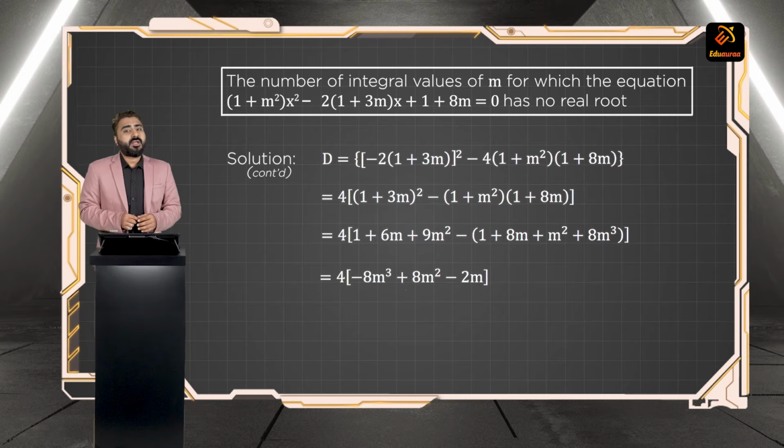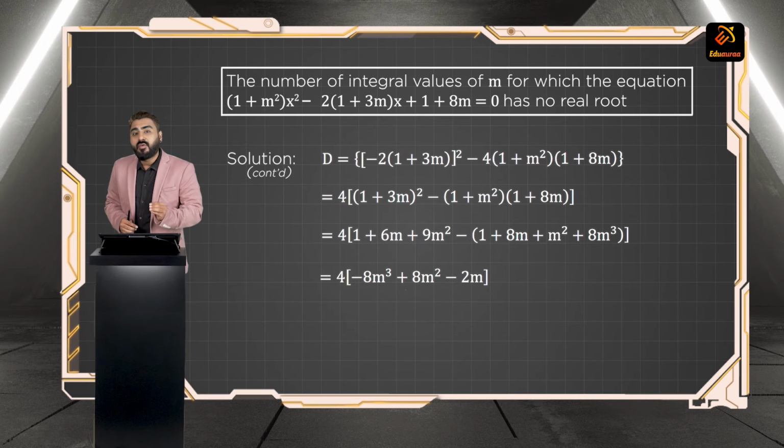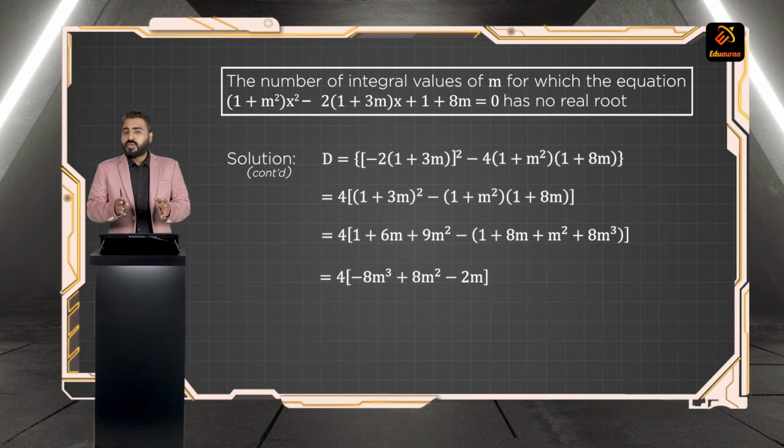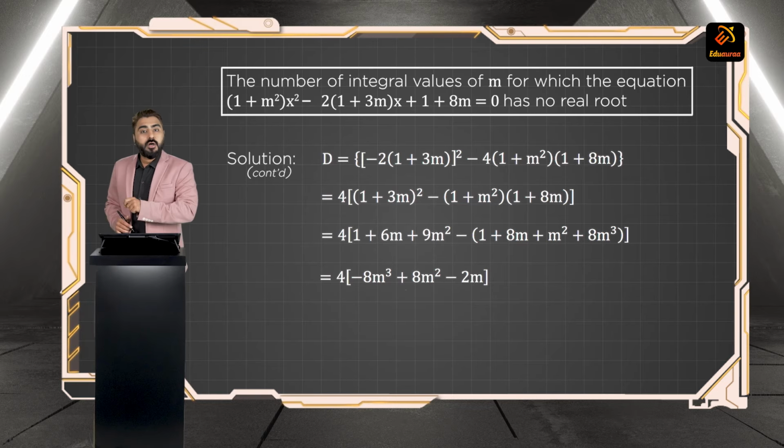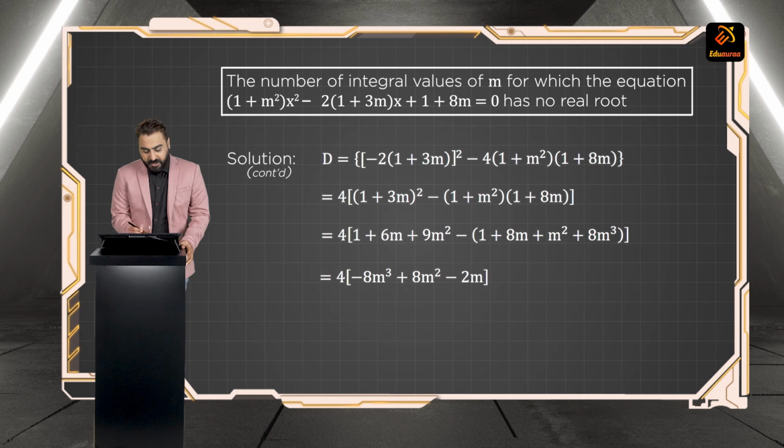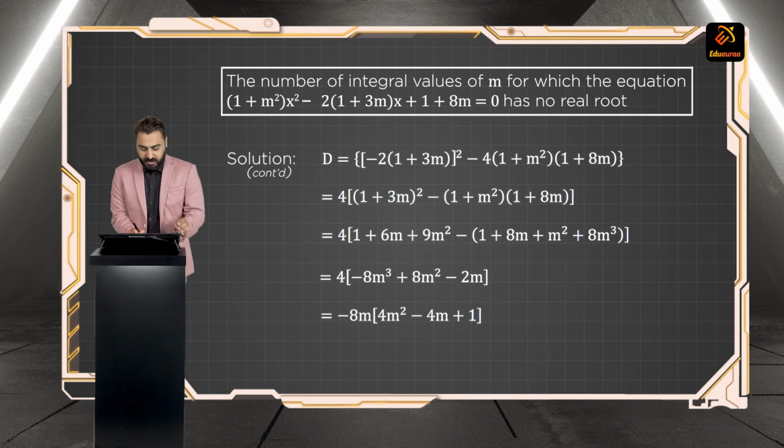If we take only 2m common, the m² term will be negative. So just to make it simple, let's take the minus sign common along with the term 2m. When we take -2m common, we get -8m(4m² - 4m + 1).